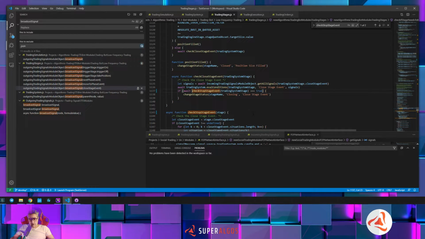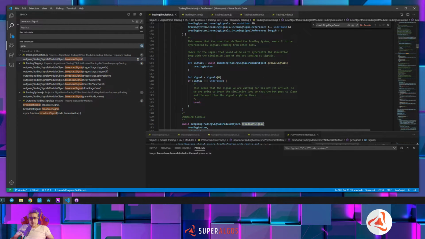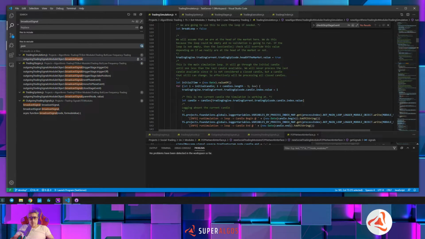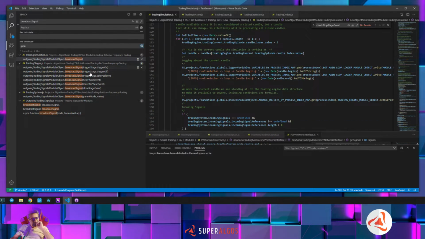So we need to await this one. And the trading system was already there. Trading simulation, outgoing. Okay, the trading simulation was already there. Trading system.